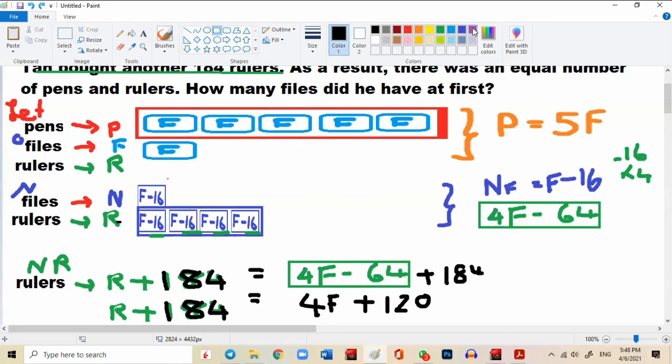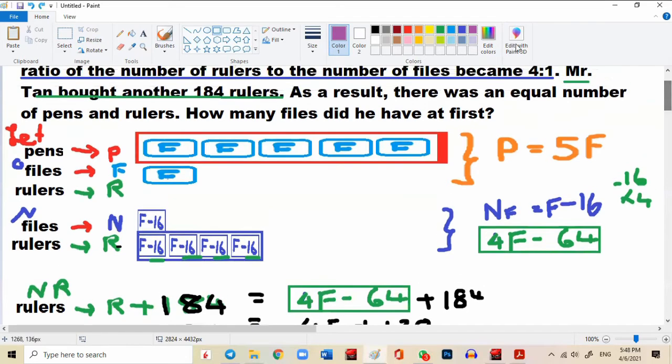Now, here's the final one. As a result, look, the final reading for this statement, as a result of buying 184 rulers, there was equal number of pens and rulers. That means the pen now is the same as the ruler plus 184.